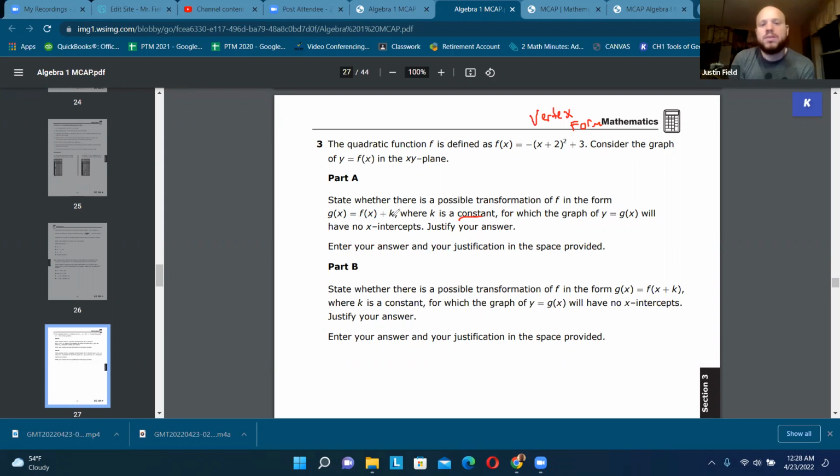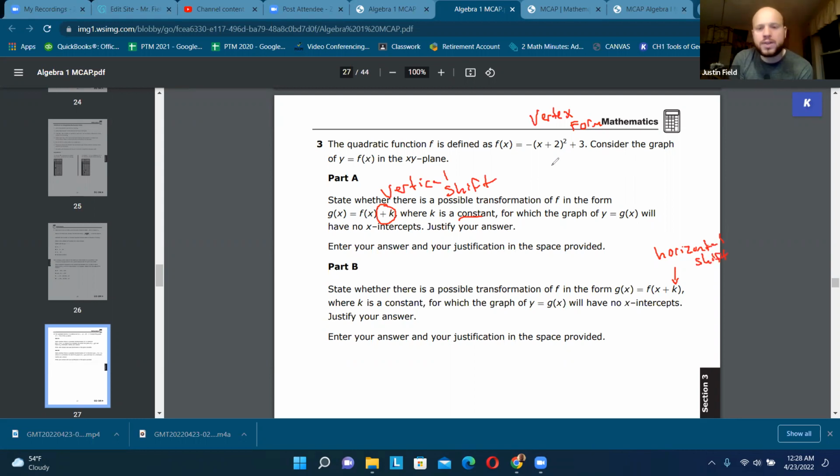So, all right, a lot of weird wording that probably makes you uncomfortable. But now that I've read it entirely, I see that this is saying vertical shift. And then this is saying horizontal shift.